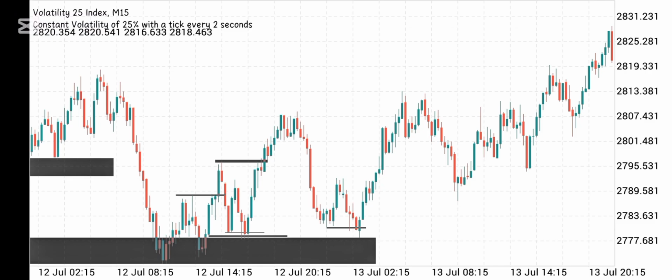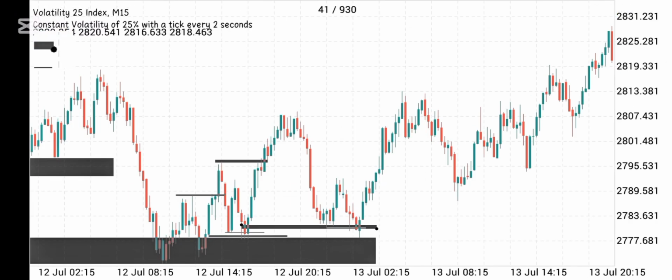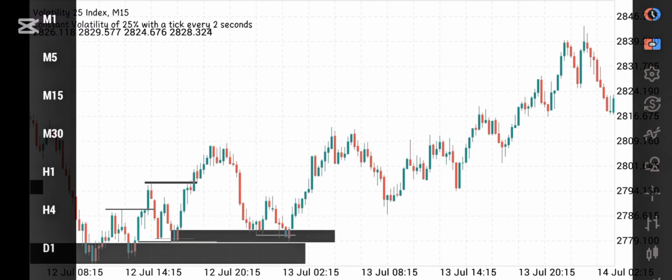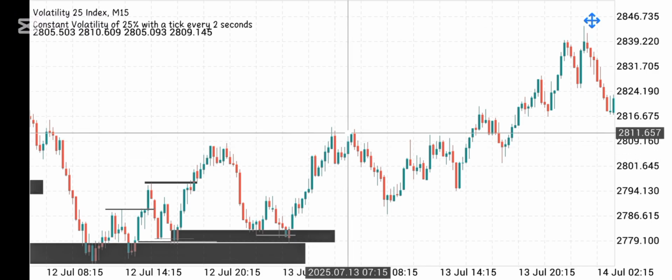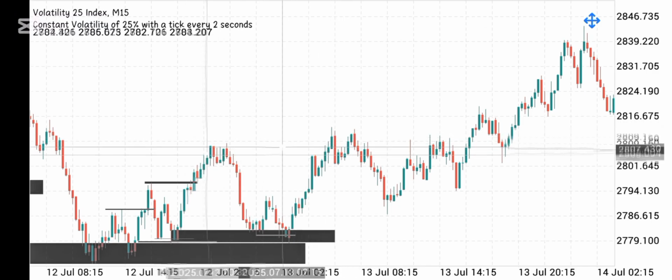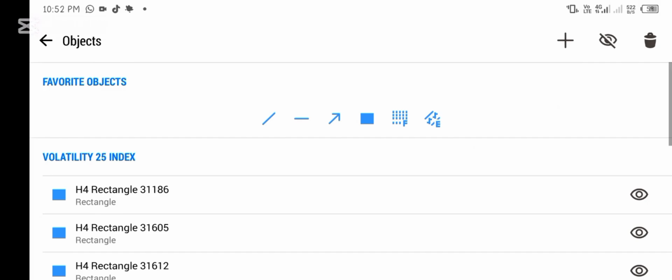So that liquidity raided, then the market came back to tap into this particular order block for another buying opportunity. Then after that, the market rallied to the upside to clear out this high again. So after the market rallied to clear the high, we had this high being cleared out.